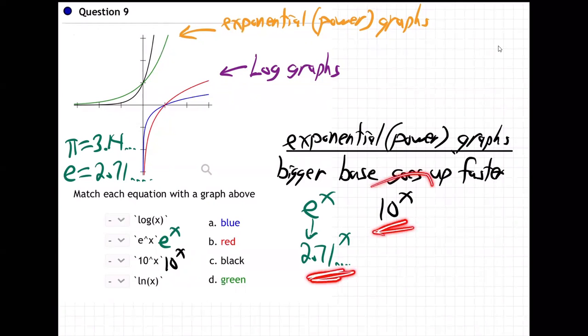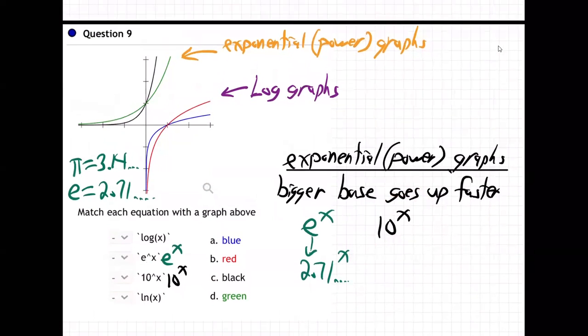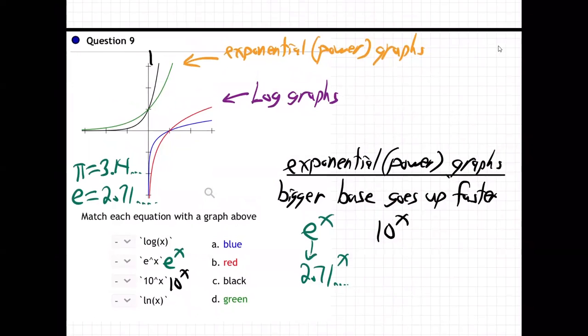Which one's bigger? Well, clearly 10 to the x is bigger. 10 is bigger than 2, right? So 10 to the x is the bigger one. So therefore, this one over here must be the 10 to the x, and the other one must be the e to the x. Because the 10 to the x is going up faster, isn't it? Because it's the bigger base. That's the one going up faster.